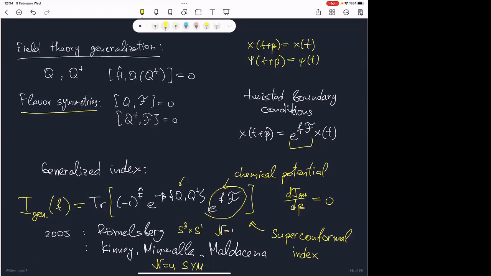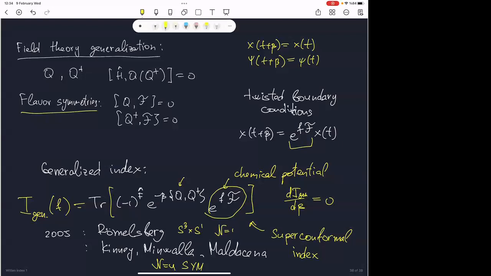Then, of course, your index depends on this chemical potential.